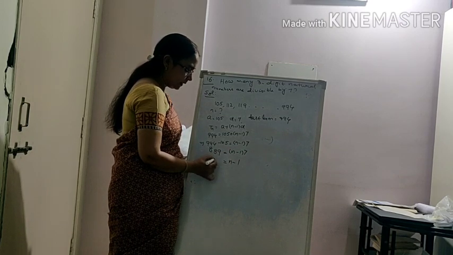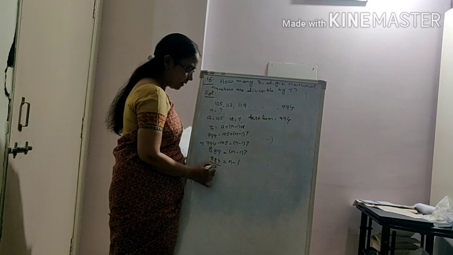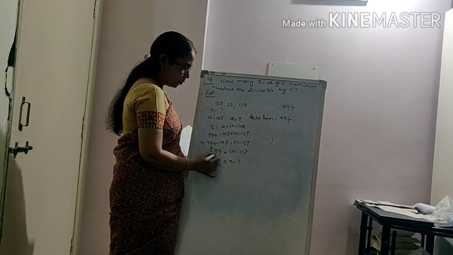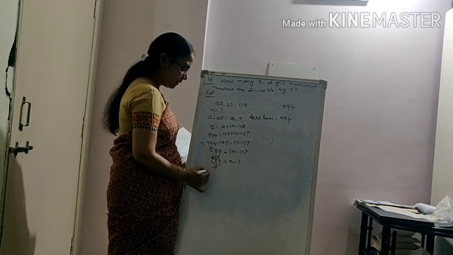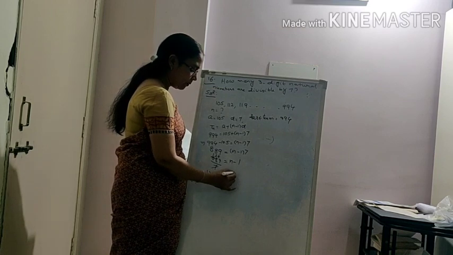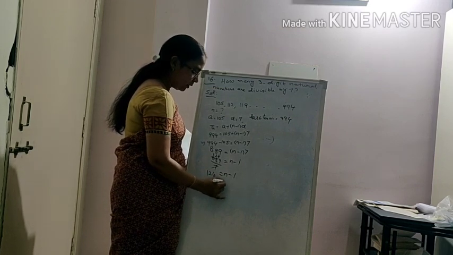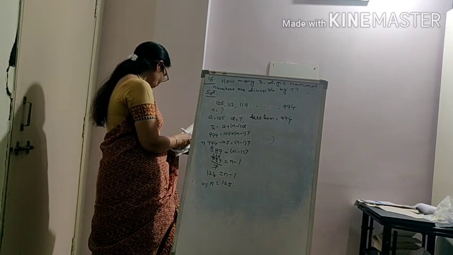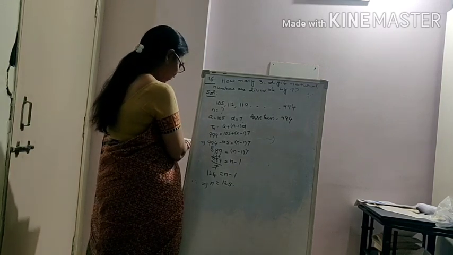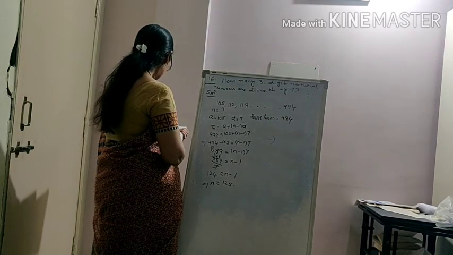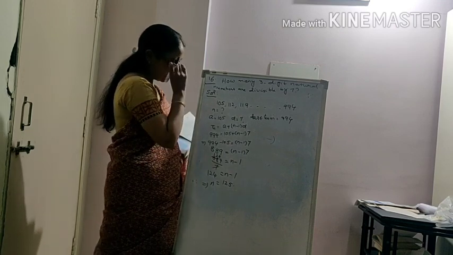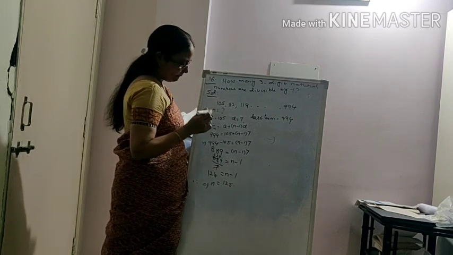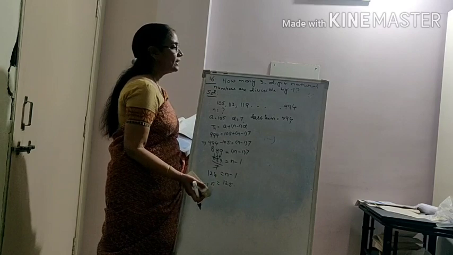So 889 divided by 7: 7 ones are 7, 8 minus 7 is 1, bring down 8, 7 twos are 14, and so on. We get 127? No, 124? We get 124 is equal to n minus 1, which implies n is equal to 125. So there are 125 terms in this sequence. Then we will see the next problem.